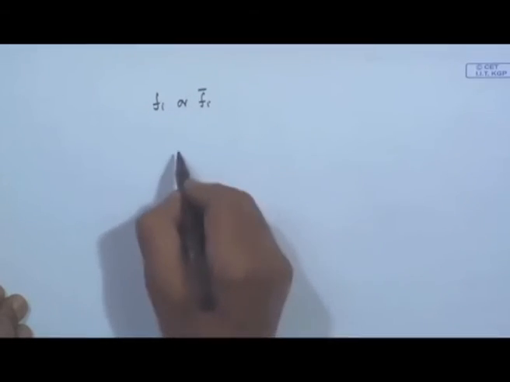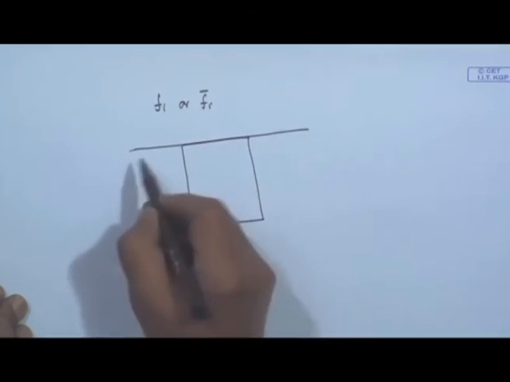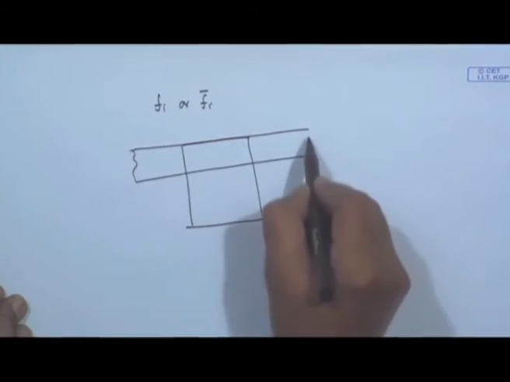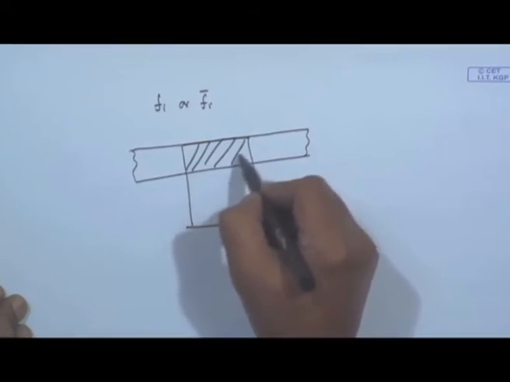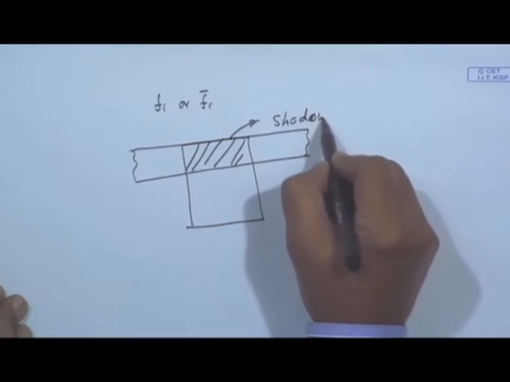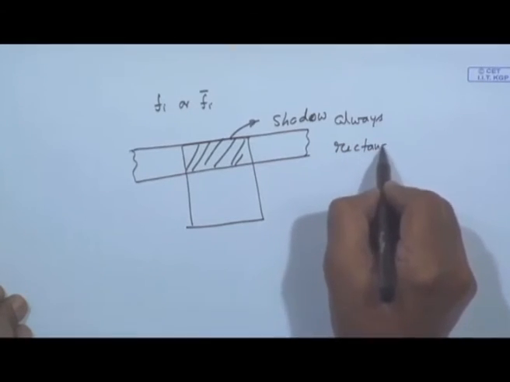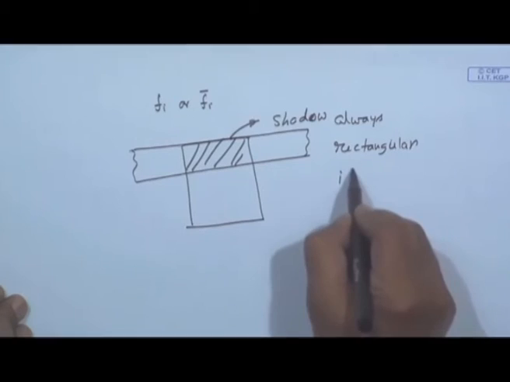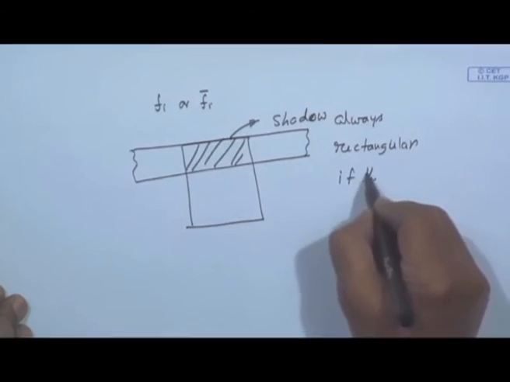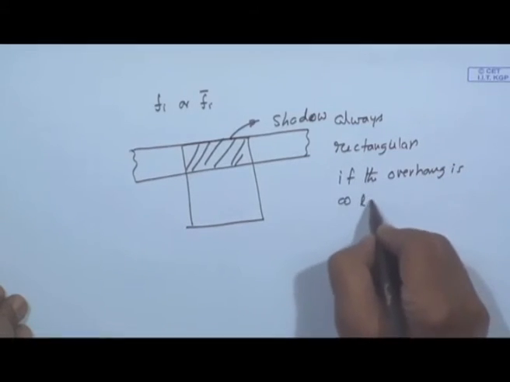So, we could find a simpler method of calculating Fi or Fi bar if you have an infinitely long overhang, which will always cast a rectangular shadow.